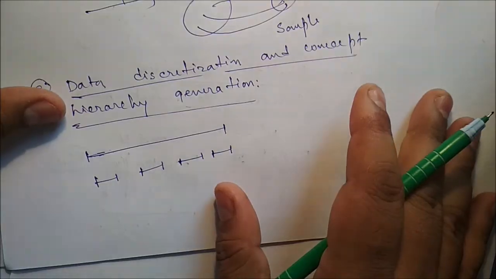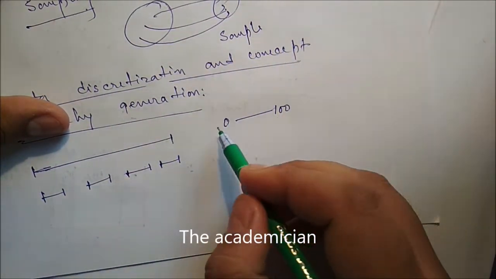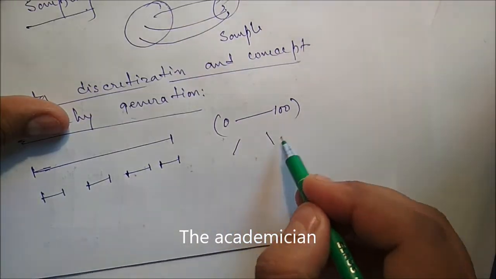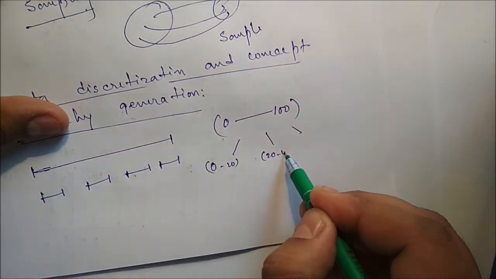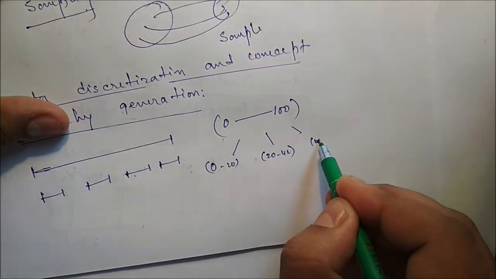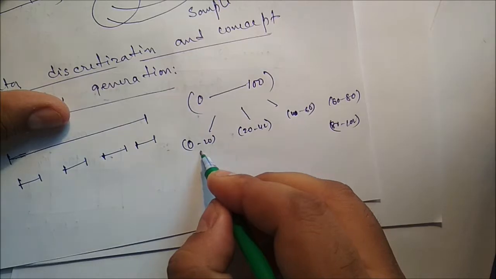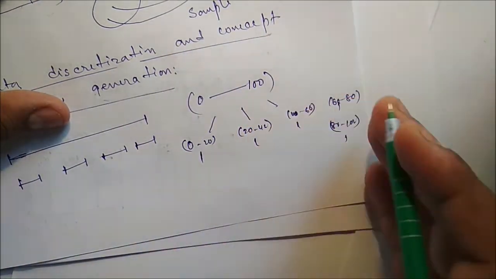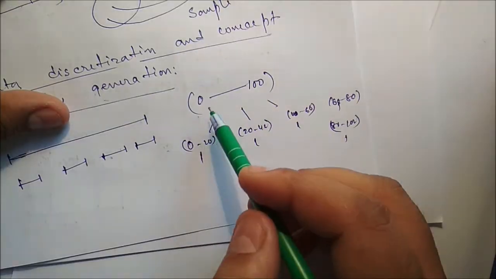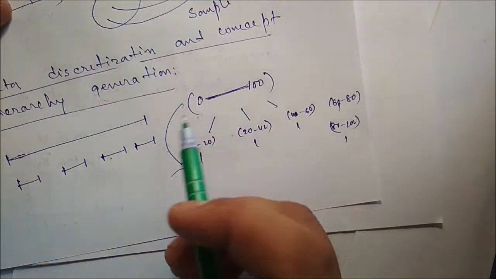It is called data discretization. Say 0 to 100 is there, so we can break it into small parts, say 0 to 20, 20 to 40, 40 to 60, up to 100. We may use a representative value for each division, and in this way you can convert continuous data to discrete data, hence it is called data discretization.